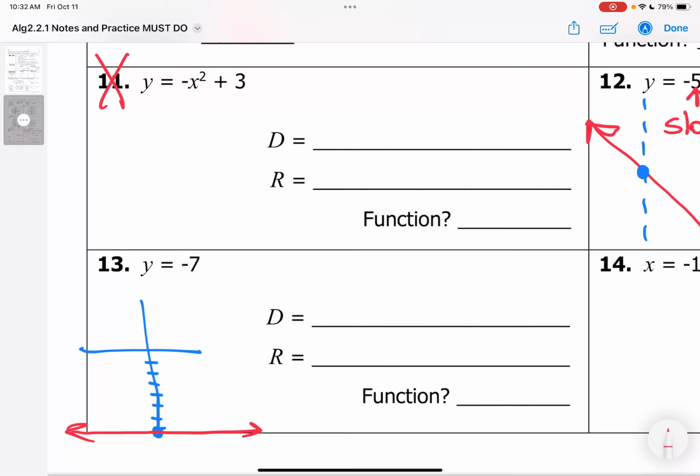So your domain is all real numbers because it goes forever and ever. It doesn't stop anywhere. Your range is specifically y equals -7. Is this a function? Yes. If you did your vertical line test, it would hit at one spot right here.